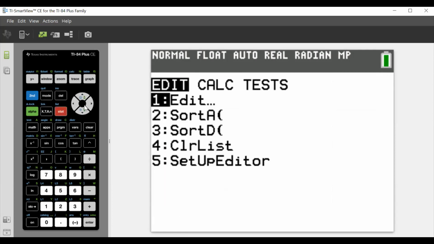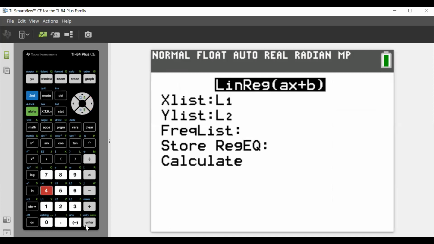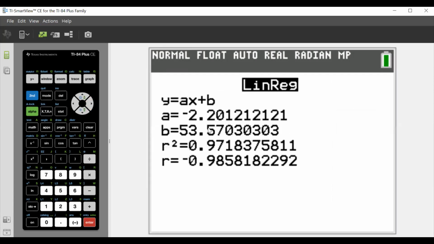Now we hit stat, go over to calc, and we want a linear regression again, so we hit 4. And our x is in 1, y is in 2, and so here's our data, okay? And so let's write that on our first one.